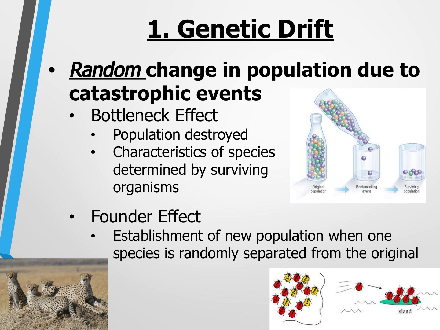When that happens, we get something called a bottleneck effect. When the population is destroyed, the characteristics of the species are determined by only the surviving organisms. If we look at this picture of the bottleneck effect, here's our original population. You can see we have green individuals, purple individuals, and yellow individuals.